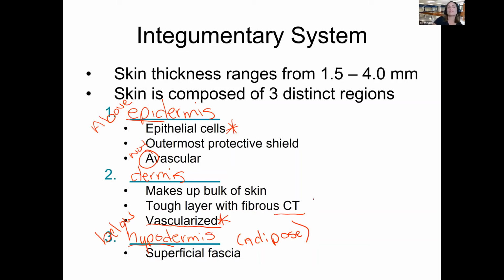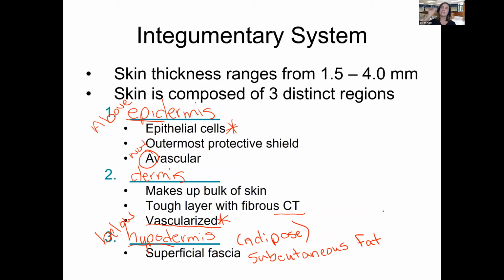And then one other term that we can give the hypodermis, there's actually 3 names. We can also call it the subcutaneous fat. Sub means under, cutaneous means skin. Now, a lot of times, textbooks do not consider the hypodermis as part of the skin.